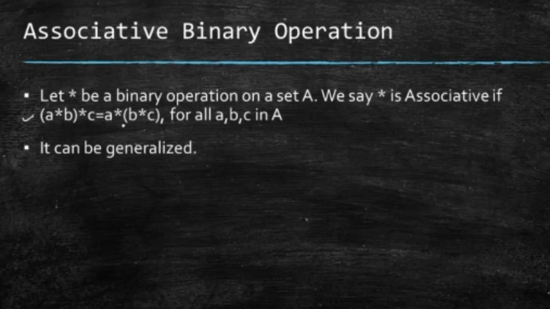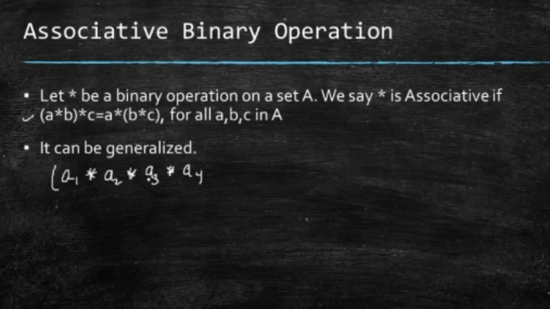It is not necessary that there are 3 elements. If you know that the operation is binary and associative, you can generalize the result. So you can have n number of elements and you can place the brackets wherever you like and the result will be the same. So for example, I have A1 star A2 star A3 star A4, right?